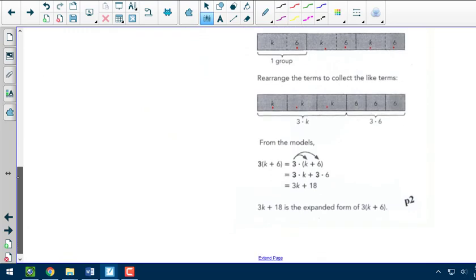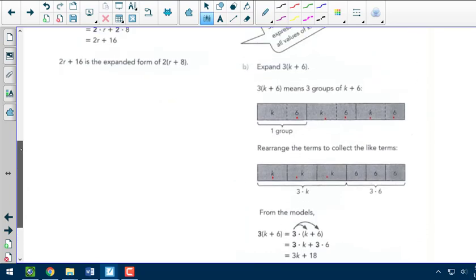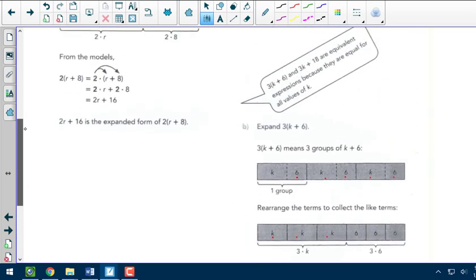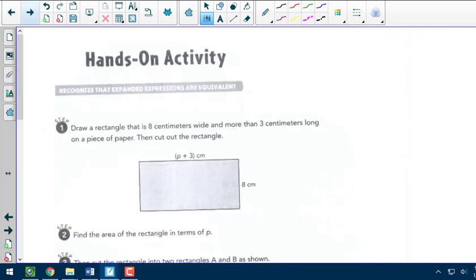So 3x plus 18 is the expanded form of 3 times the quantity x plus 6. And this note here also says that they are equivalent because they are equal to each other for all values of x. That's important. Page 3.